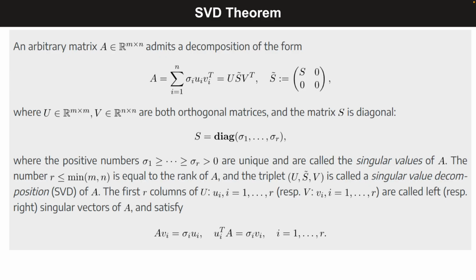Always you can break it down into a very special category. The reason this is special is because this is a diagonal matrix, so its entries are ordered. We'll just call them sigma 1.